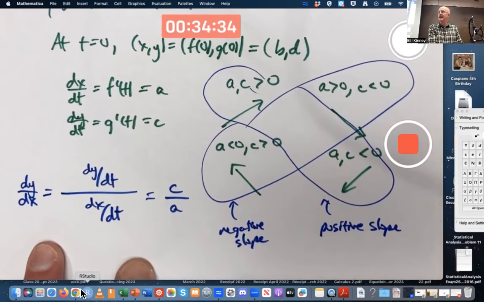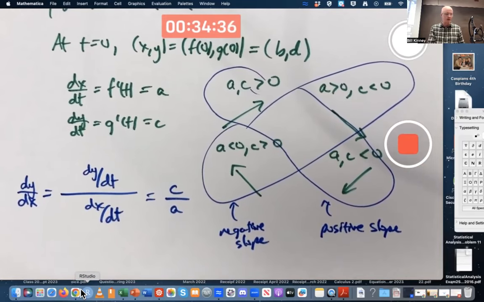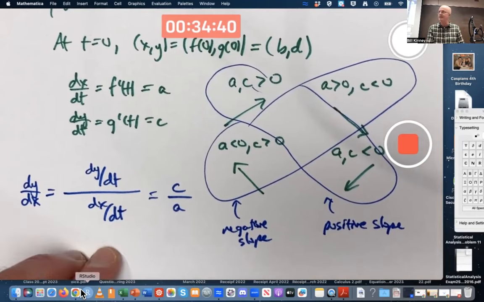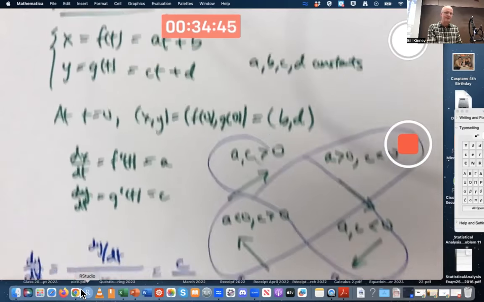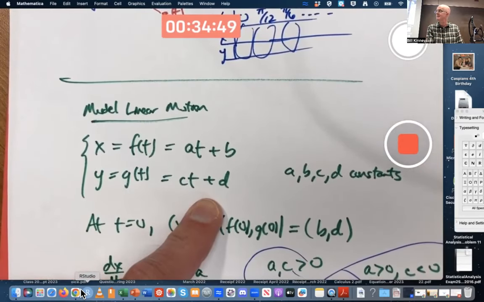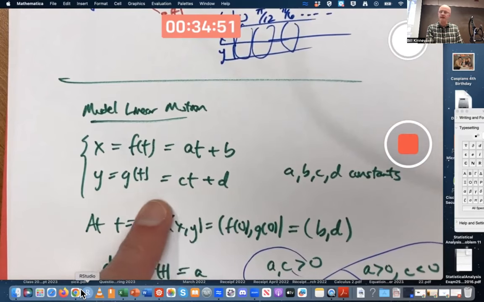That's a constant for this example, but in general, for general parametric curves, this does depend on t. It's a little weird to say dy/dx depends on t, but it's not so weird because x and y themselves ultimately depend on t, including in the general case.